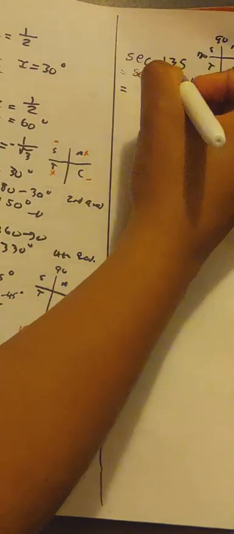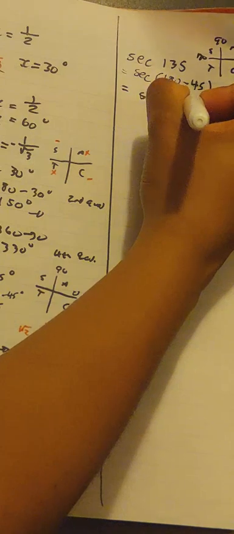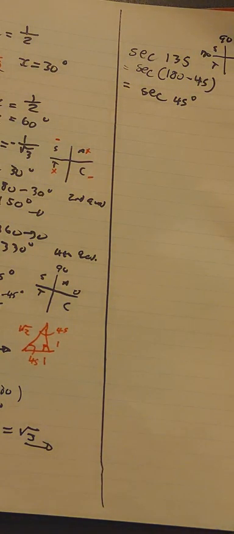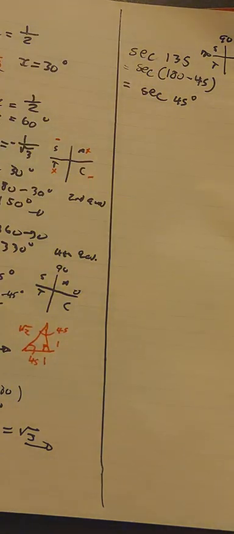That means it's going to be sec 45 degrees, and we are going to our special triangle. Here it is of 45. And remember, what is sec? Sec is hypotenuse over adjacent.